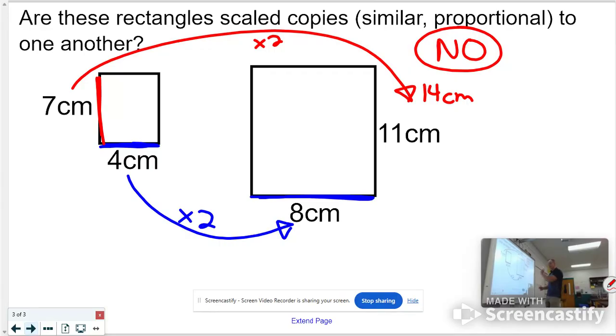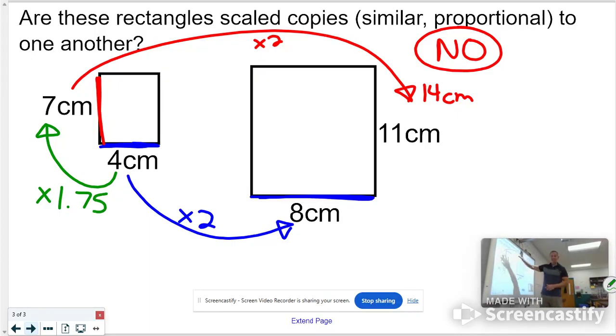So another thing you can do to check whether they are proportional to one another is look at ratios inside of the rectangle. What I mean by that is if you look at the relationship between 4 and 7 and how many times bigger 7 is than 4, well, 7 divided by 4 is going to be 1.75 times as much.